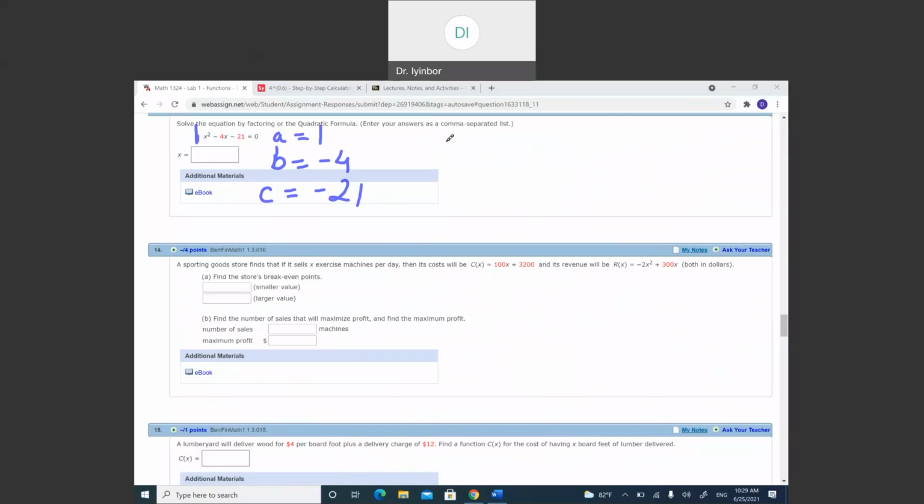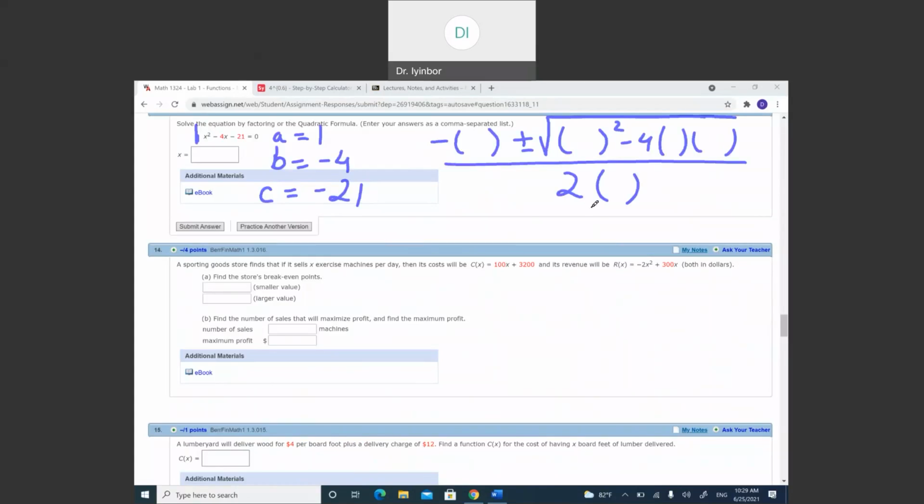It's -b. Make sure you put parentheses, square root, b squared minus 4, and I'm going to put a and c, everything over 2 times a. So we have -b, I'm plugging in b is negative 4.